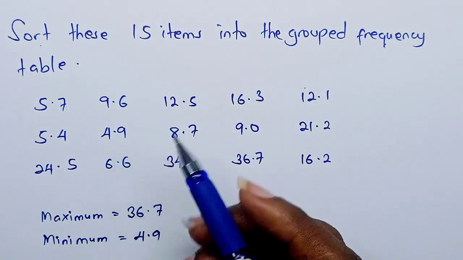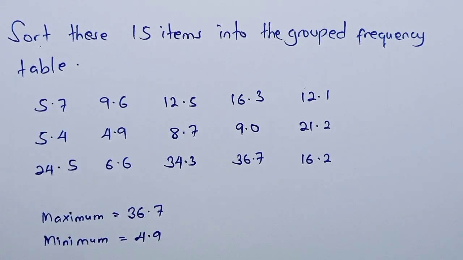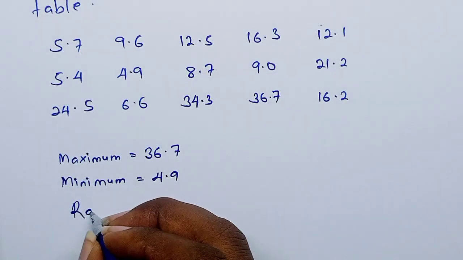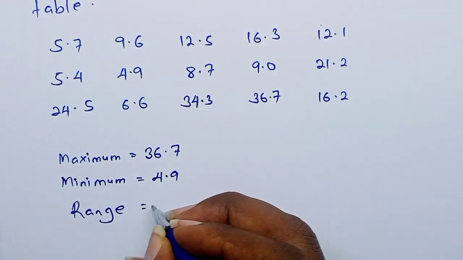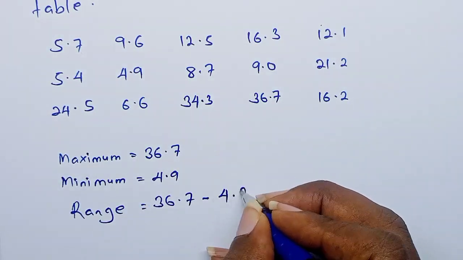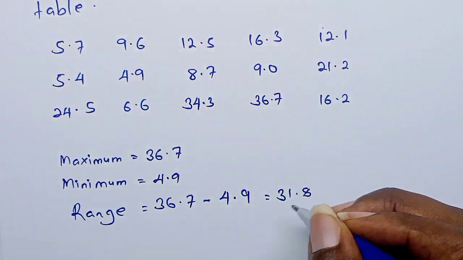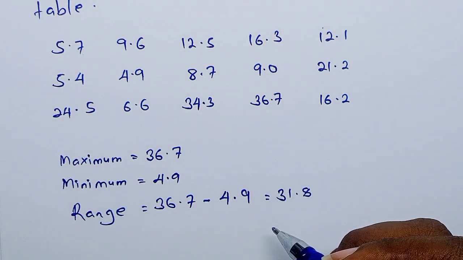Now we need to subtract maximum minus minimum to get the range. So the range will be the maximum, 36.7, minus the minimum, 4.9, which equals 31.8. So this is the range.